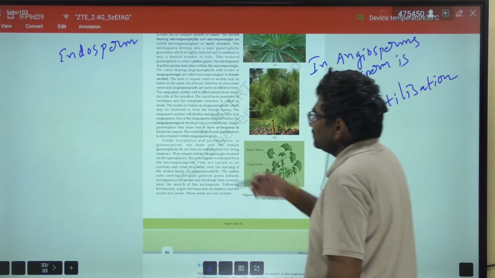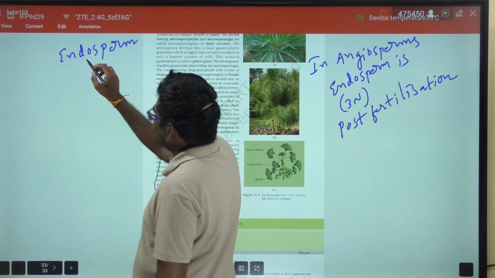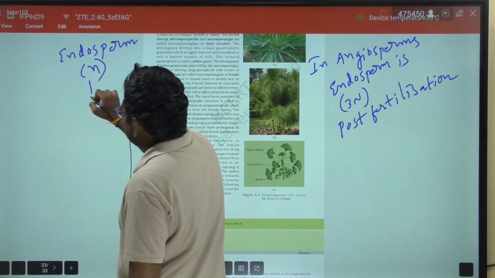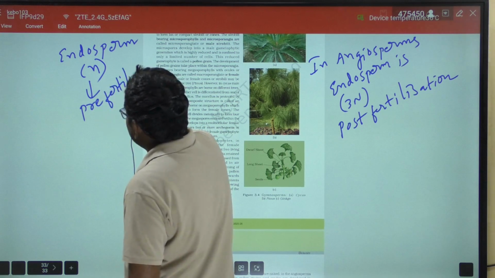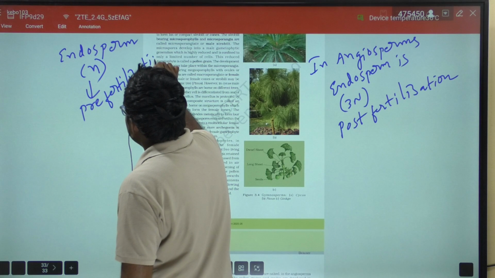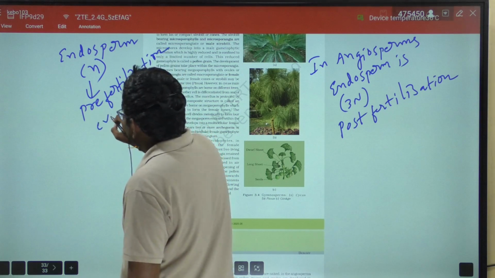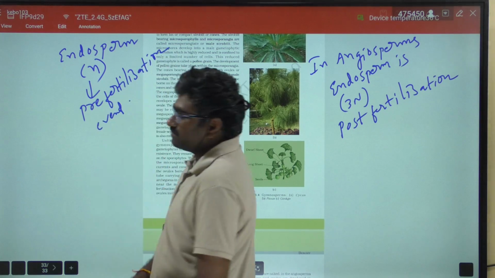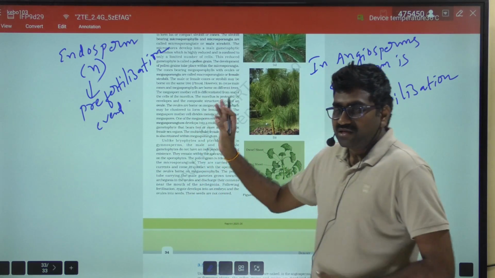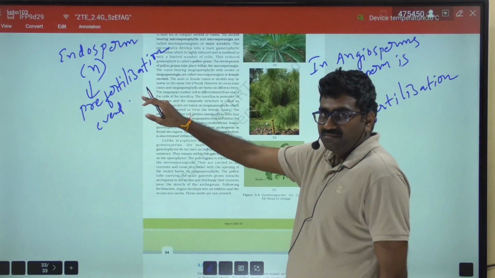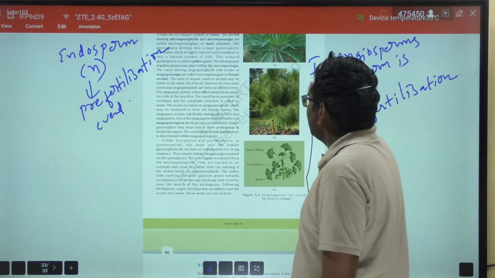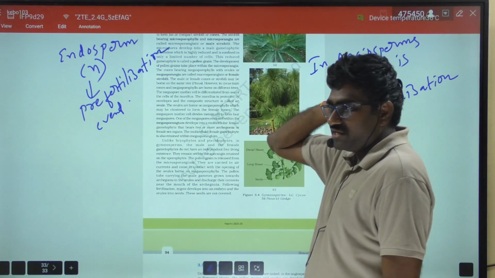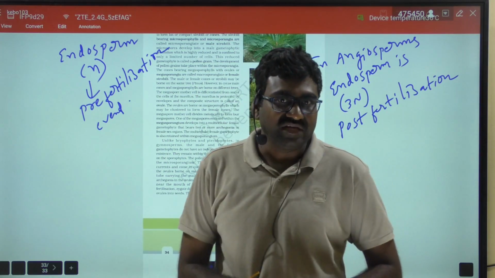Whereas in gymnosperms, endosperm is haploid in nature and it is a pre-fertilization event. So remember the difference between the endosperm in gymnosperms and endosperm in angiosperms. In angiosperms, it is triploid because as a result of second fertilization, endosperm is formed.